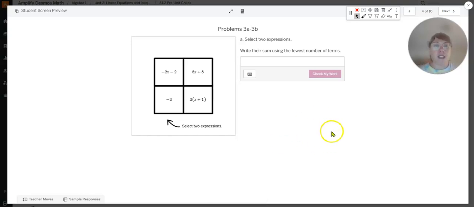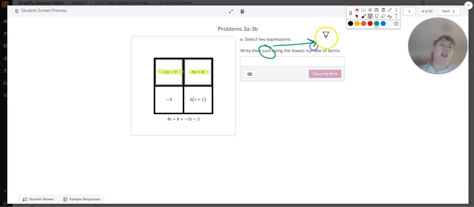Slide 4, it says select two expressions, write their sum using the fewest number of terms. So we can select any two expressions. I'll take this one and this one. So I grabbed these, and we're going to do their sum, which is talking about addition.